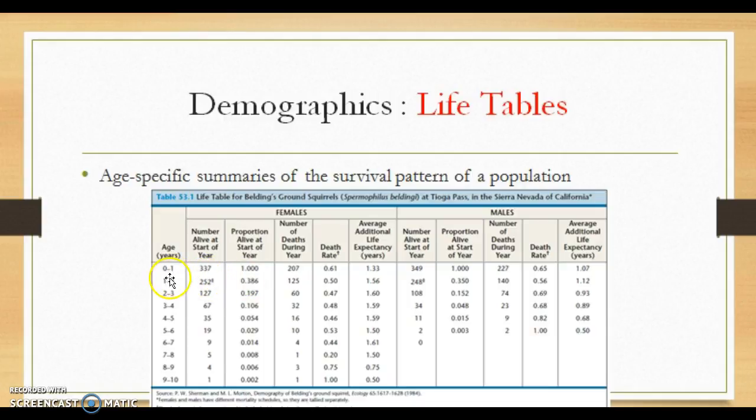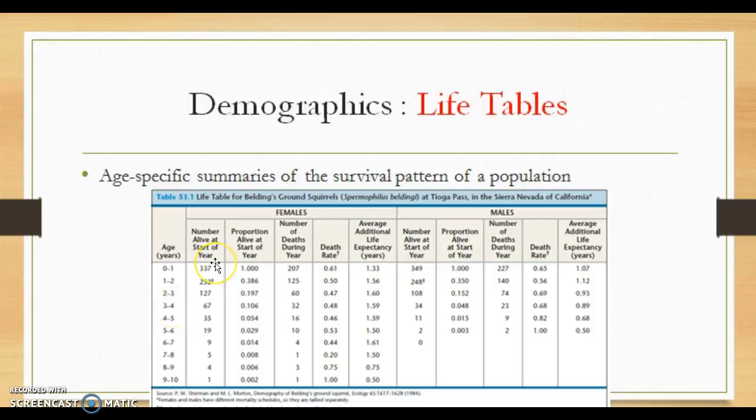But after the age of 1, moving into the next age bracket, during this year, in this case, 207 happen to have died. So how many are alive at the start of the second year? About 38.6% of them. So 252 are alive from the initial, and we lost 125 moving into the next one.